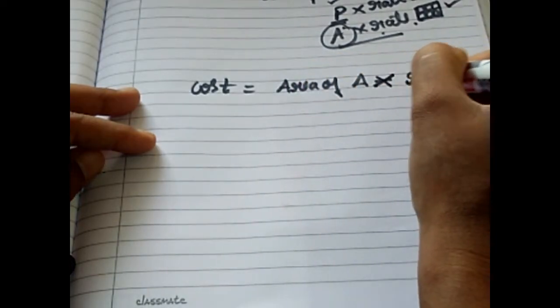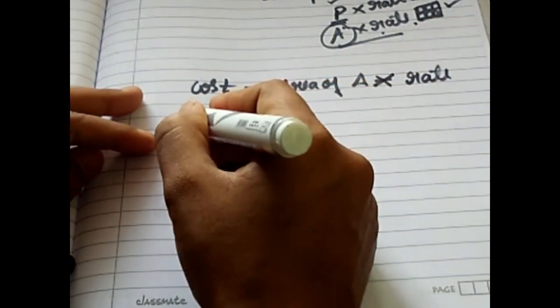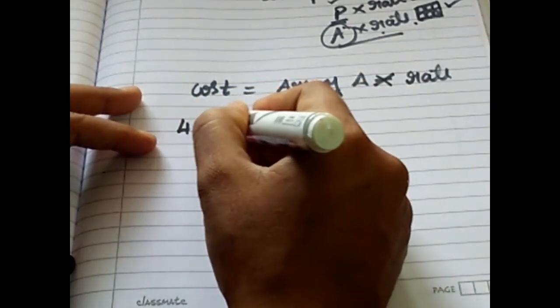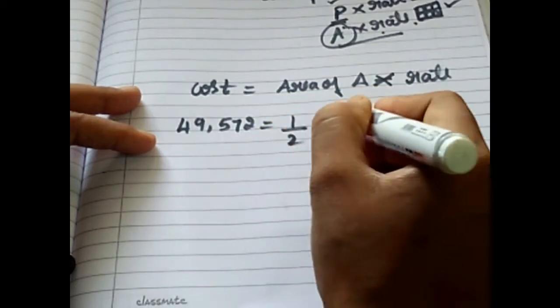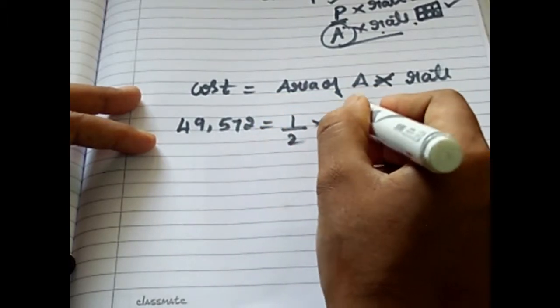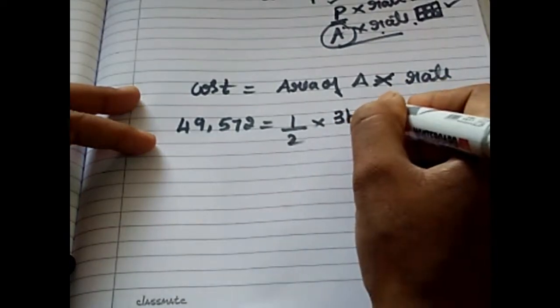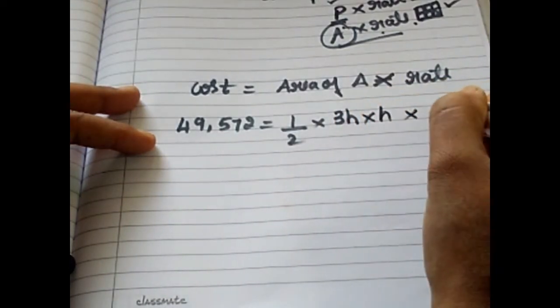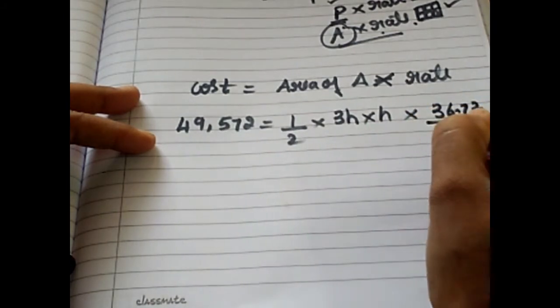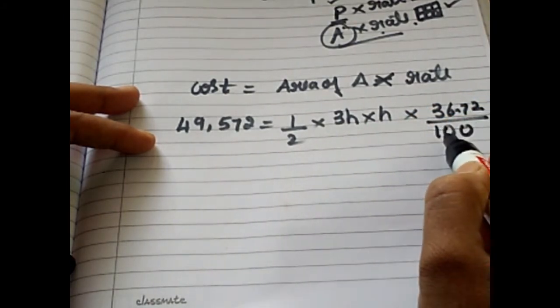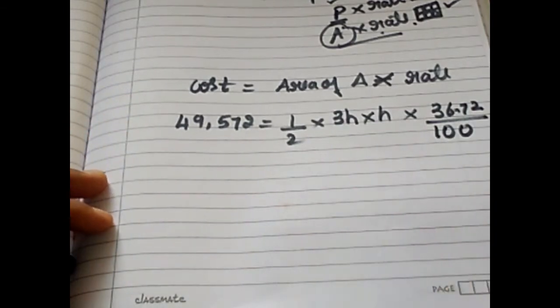into rate. So what is cost? 49,572. What is area? Half into base. Base is 3 times height into height, and rate is 36.72. It is given as per 100 square meter, so divided by 100.